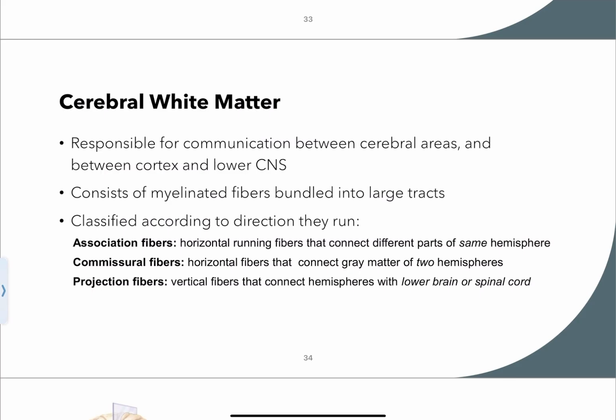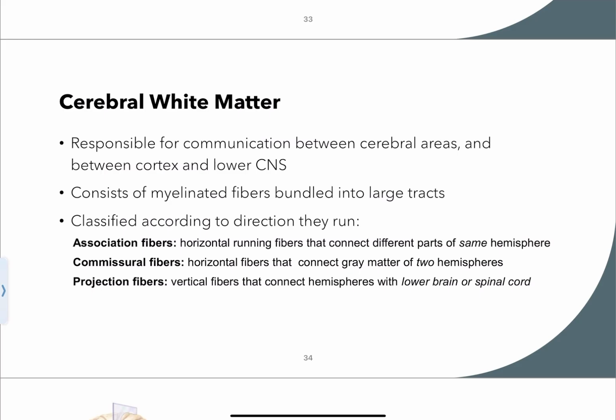White matter, as a reminder, we're talking about myelinated fibers that contain fat, which makes it appear white. The white matter fibers are classified based on the direction that the fibers are running. So yes, you need to know this. This is really all you need to know about the white matter component of our cerebral hemispheres.